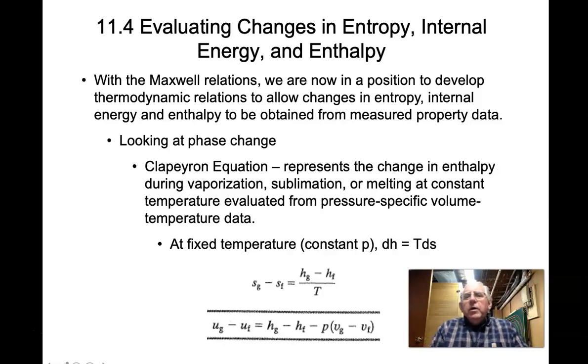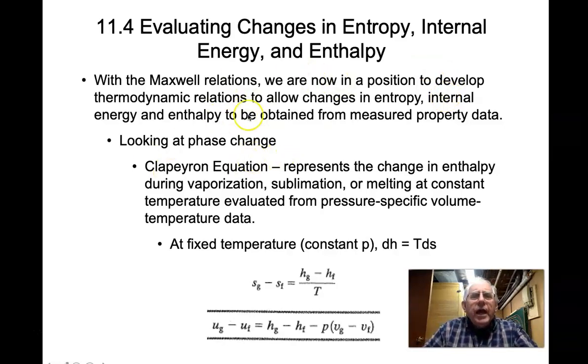So before we said that we may have easily measured temperature, pressure, volume, as well as C sub P as a function of temperature. And with that, then we are interested in utilizing those Maxwell relationships in order to determine how other properties change.